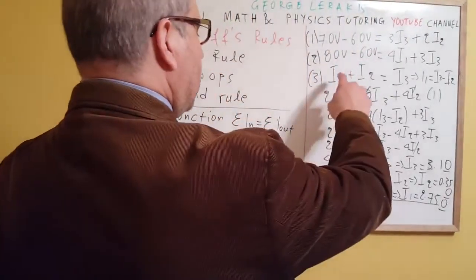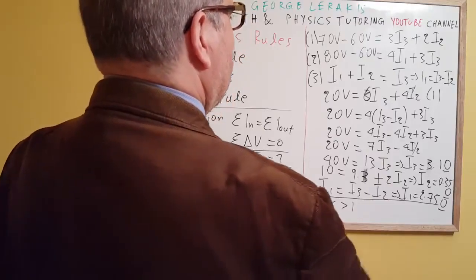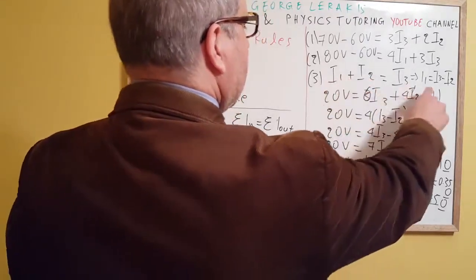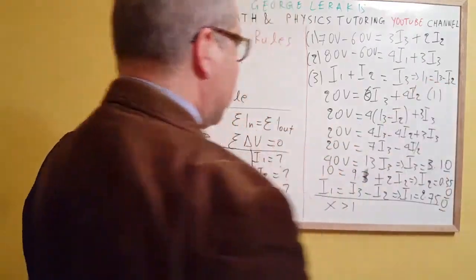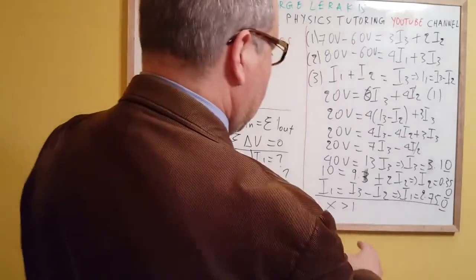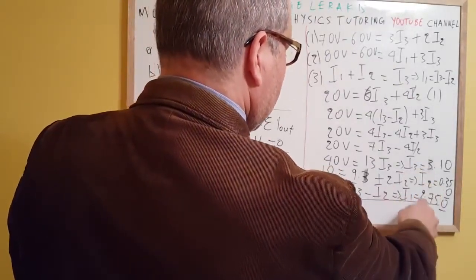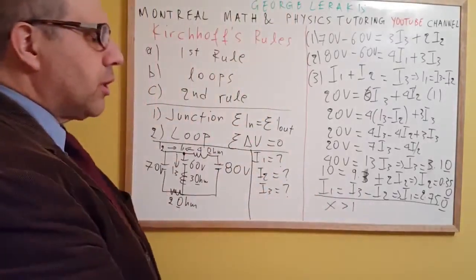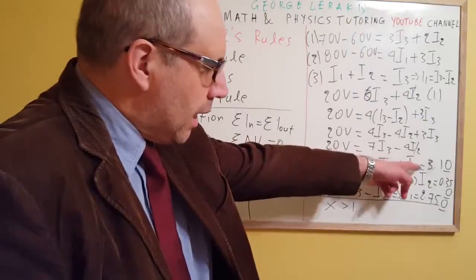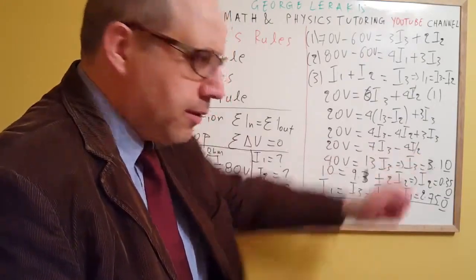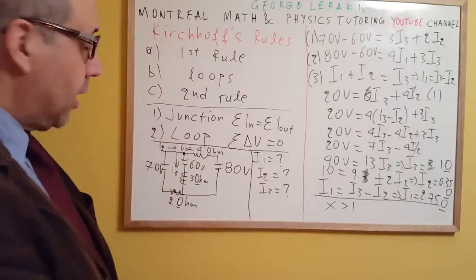And finally you go to equation number 3, where I1 is equal to I3 minus I2. If you substitute the values of I3 and I2, you get that I1 is 2.75 amps.